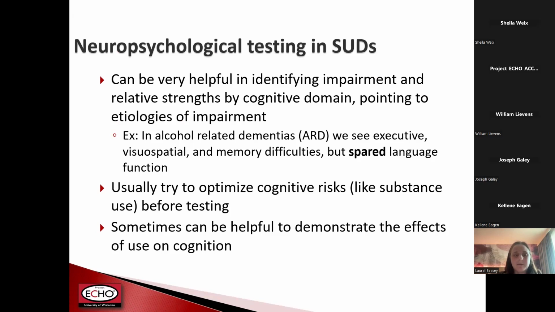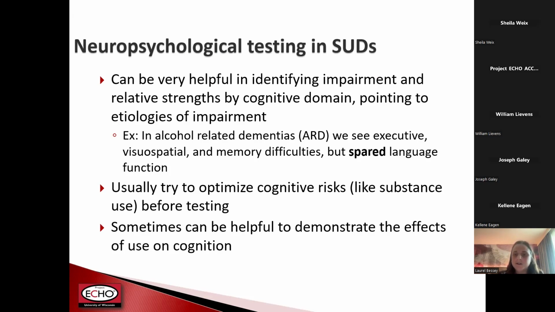So for example, people with alcohol-related dementias tend to perform better on semantic tasks and verbal memory recognition compared to Alzheimer's patients. And yeah, we tend to get language sparing function. And sometimes this can even be helpful to demonstrate to the person that their substance use is having an effect on their cognition.